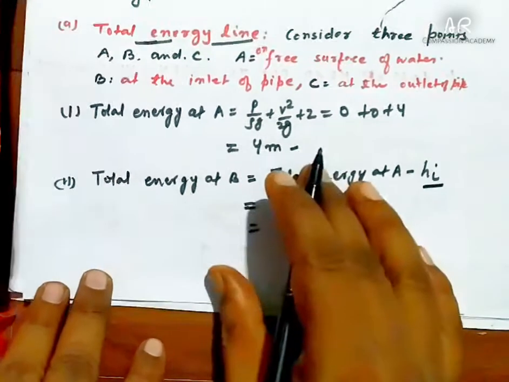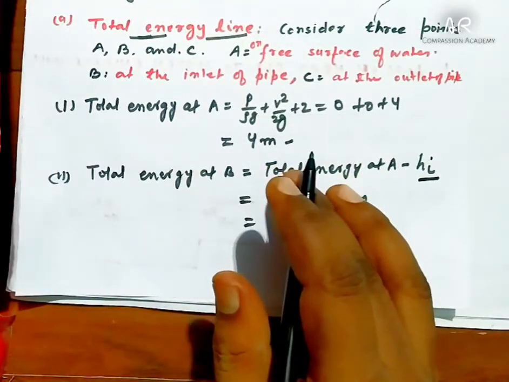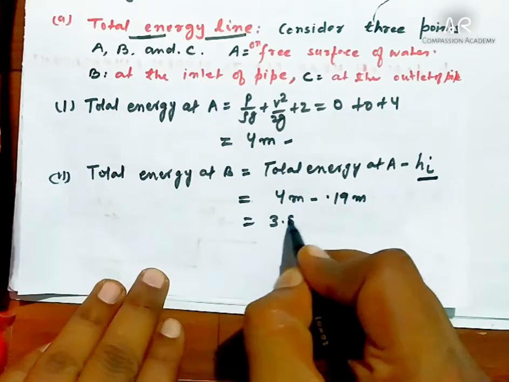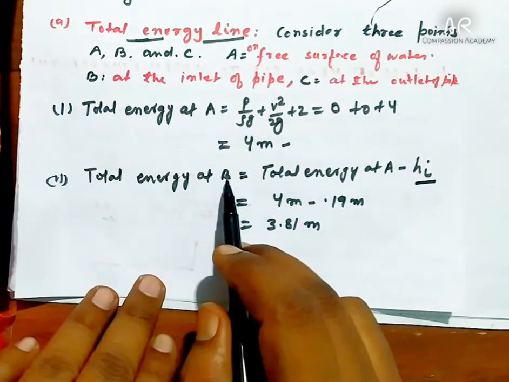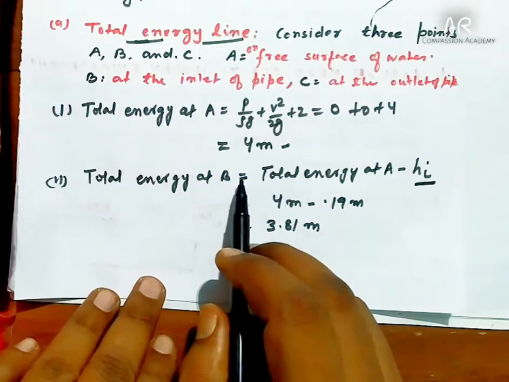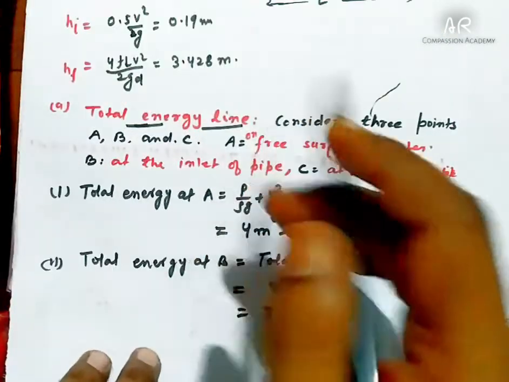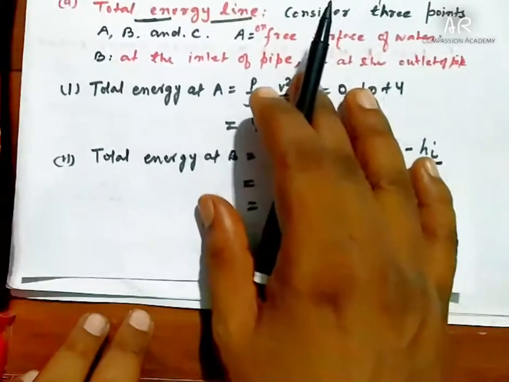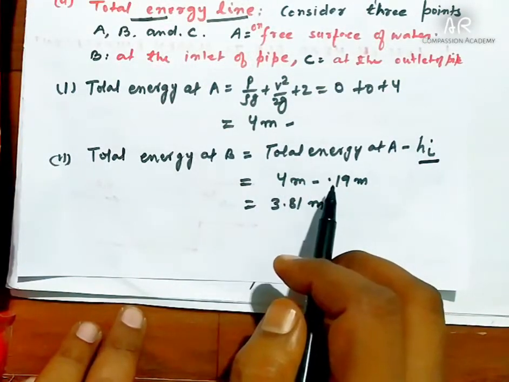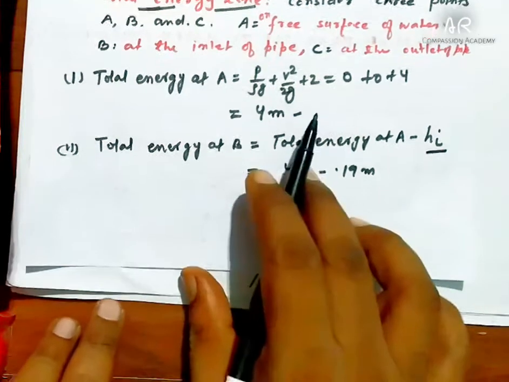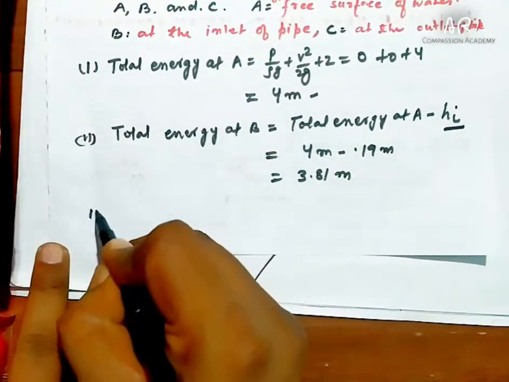So total energy at B comes to 3.81 meter. We can also calculate total energy at B from the Bernoulli equation, but this is easier. So now we will proceed further.